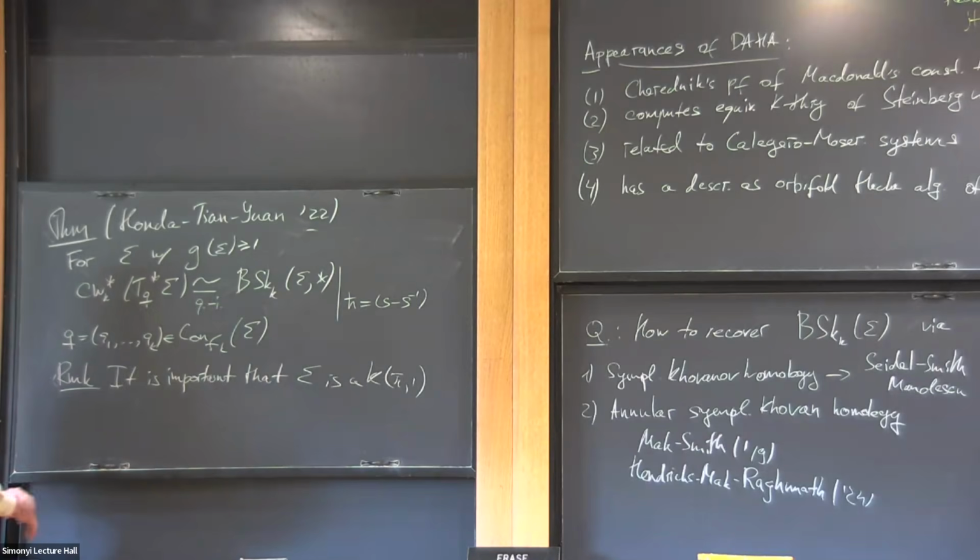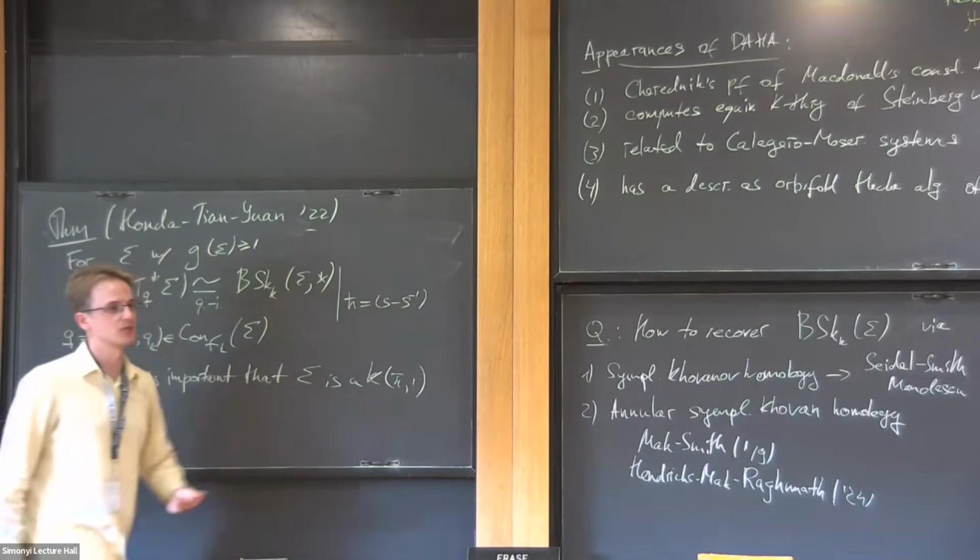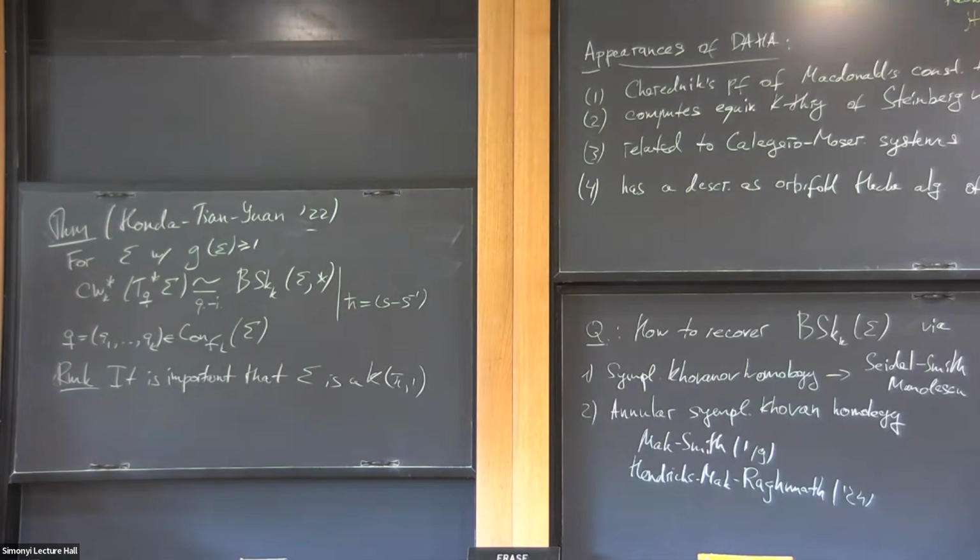So this is an orbifold, and we're just computing Lagrangian Floer homology of this fiber with itself. This is some kind of wrapped Floer group, and I'll explain a little later how this variable shows up.